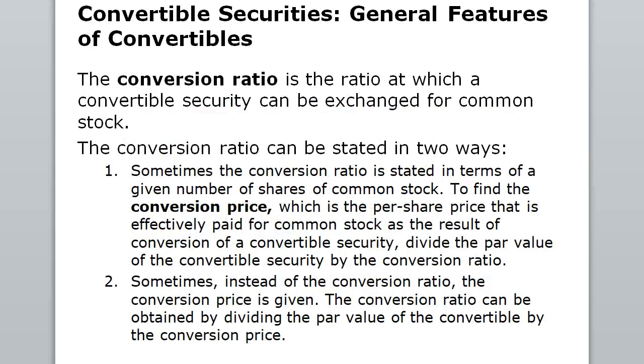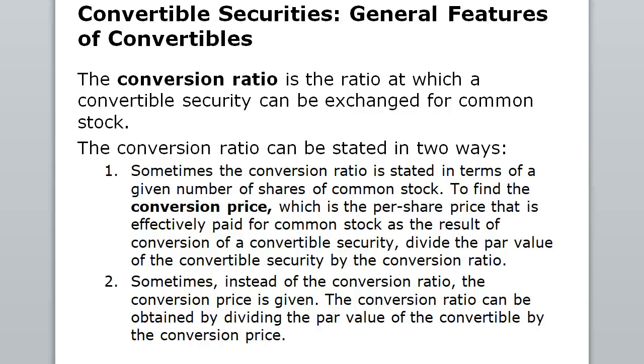Now, the conversion ratio is the ratio at which the convertible security can be exchanged for common stock. And this is very important. Some convertible bonds and preferred stock have ratios that are more attractive, some less attractive, and that's going to determine the price of the underlying asset. The conversion ratio can be stated in two ways.